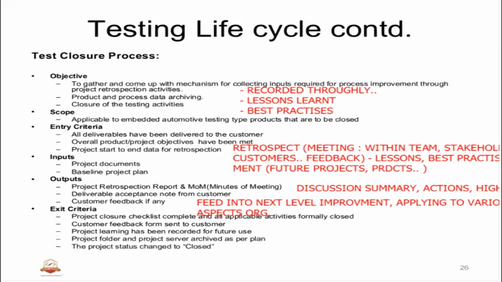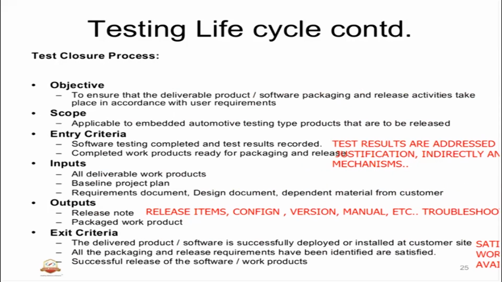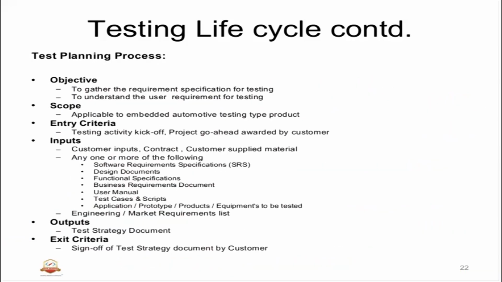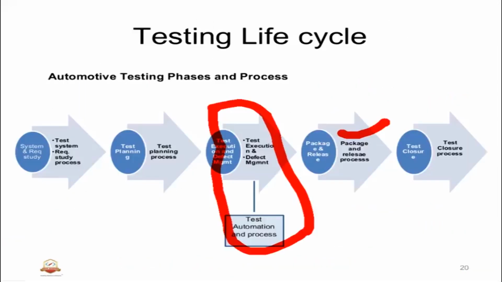So that is about the test closure process of embedded testing. This will complete the automotive testing phases and processes. As an example, there are 5 phases. Like this, there are different phases involved for different domains. Here I have talked about automotive.